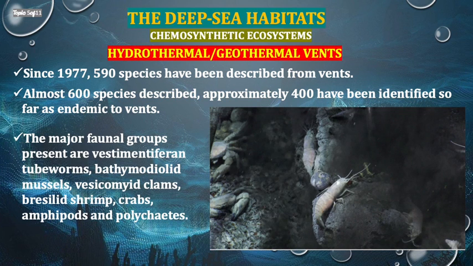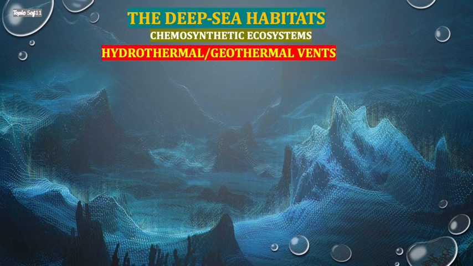All right, so the major faunal groups that are found in these areas are the tube worms, of course, the bathymodiolid mussels, the clams, and the shrimps, as you can see here in the photos, sitting around one of the vents in these areas. And finally, the crabs, amphipods, and the polychaetes also thrive here.